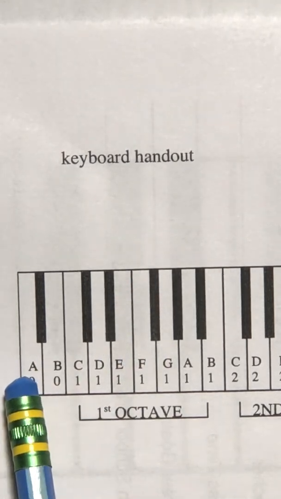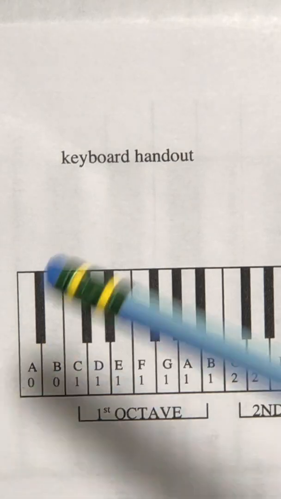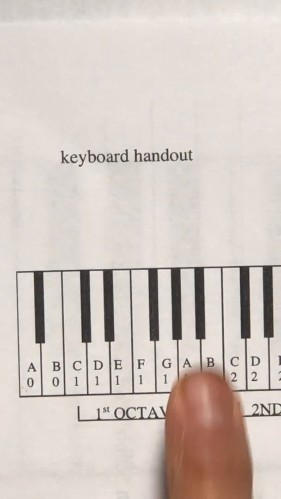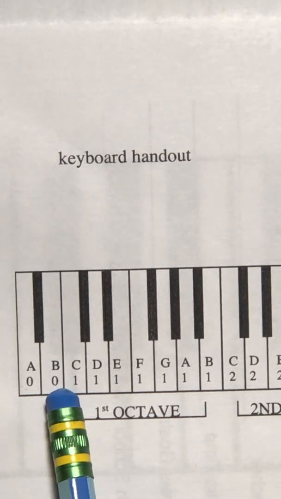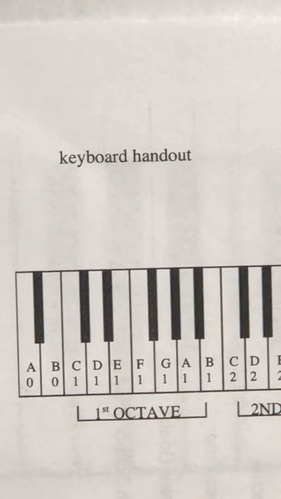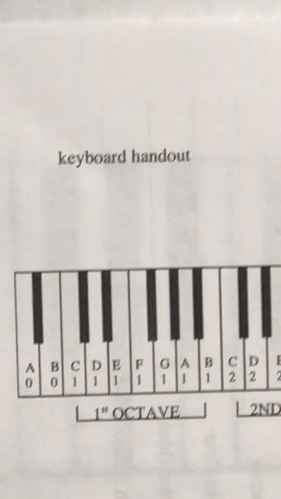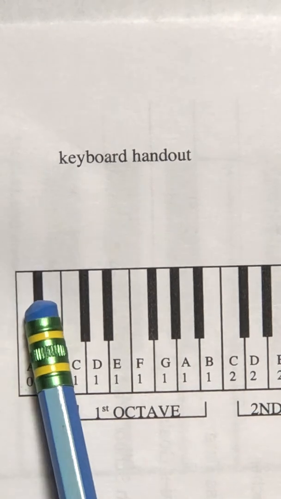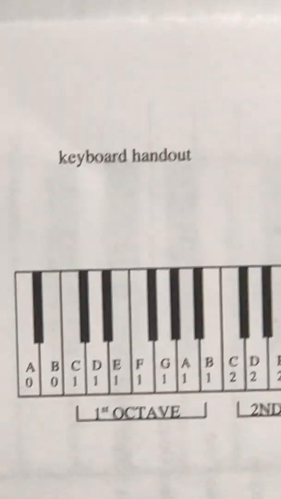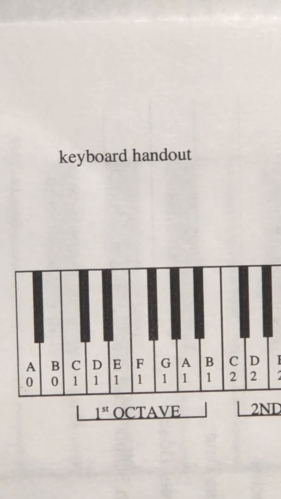So we'll call this A0 to A sharp 0. But then when you play to the left direction, if you come from B0 down to the black key, now the black key is called B flat 0. The black keys have two names, and we will discuss that later in the class.